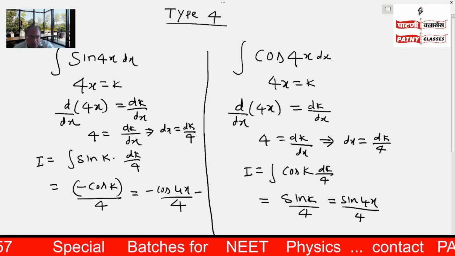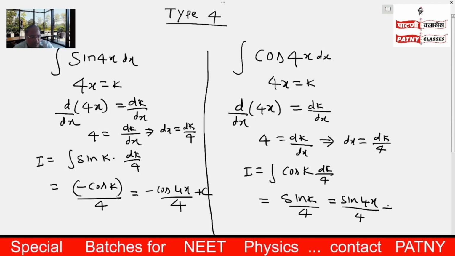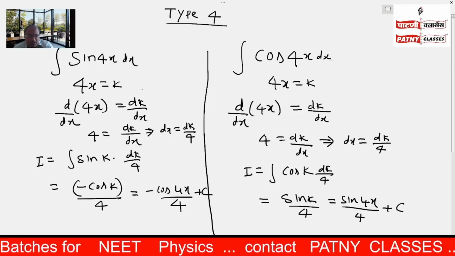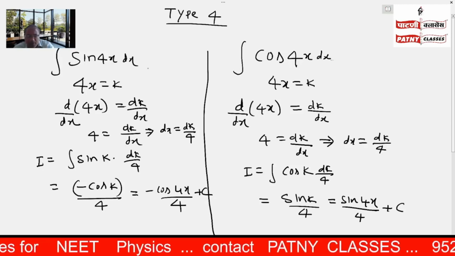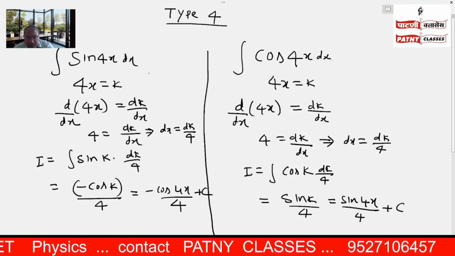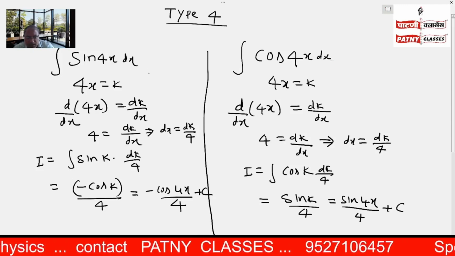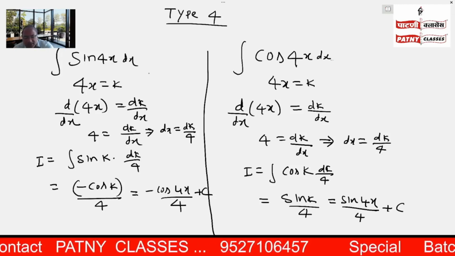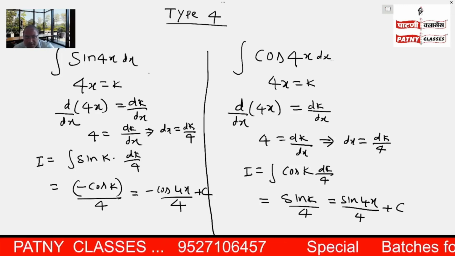Here also plus c, and here also plus c. So we do notice that the steps are same, only the formula is changing. This is the way we can perform integration of sin 4x and cos 4x. Similarly with some other number, let us see another example for sin and cos.